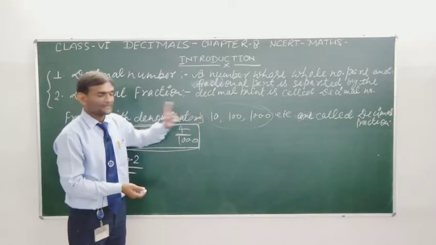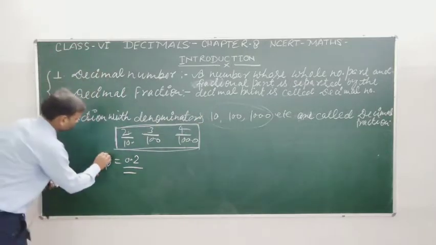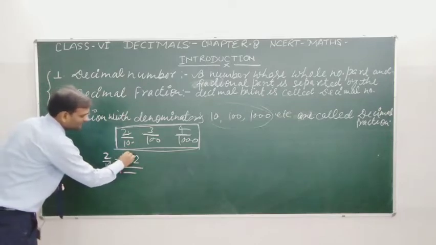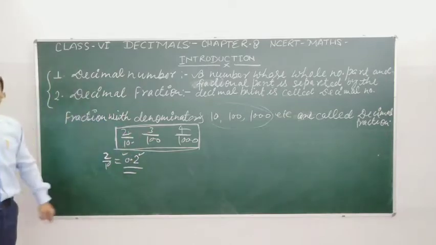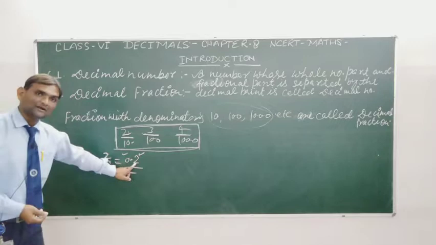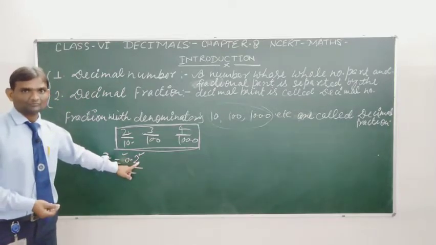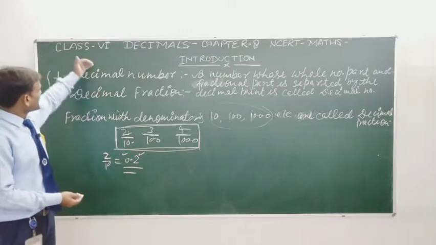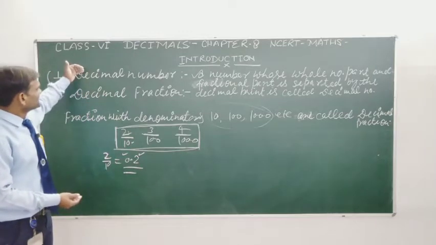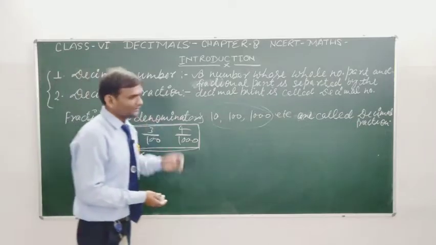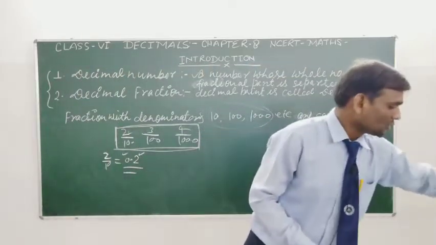You can see. So student, this is the whole number part and this is the fractional part. 2 upon 10 is written 0.2. So student, I hope you have understood the decimal number and decimal fraction. So student, come to the next topic.